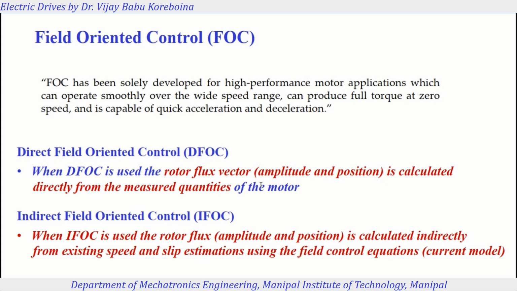Now in indirect field oriented control, the rotor flux is calculated indirectly from speed. So from speed and slip estimation, and there is an inverse current model. From that model, from the field control equations, you can calculate the flux as well as the position. Here it is estimated from directly measured quantities of voltage. Here it is estimated indirectly through the current model.